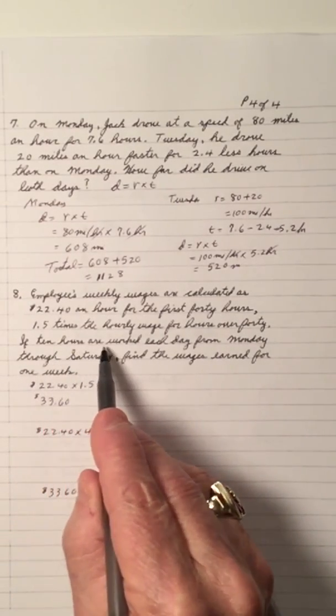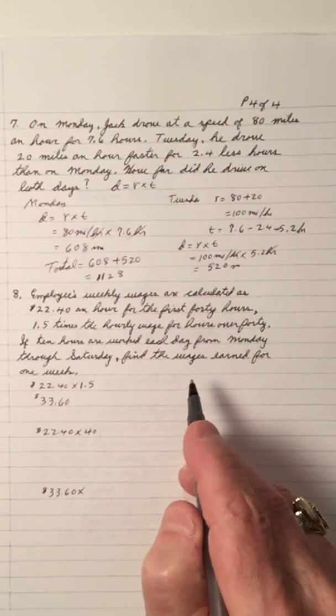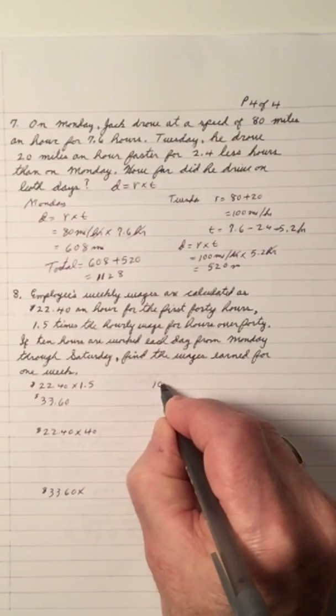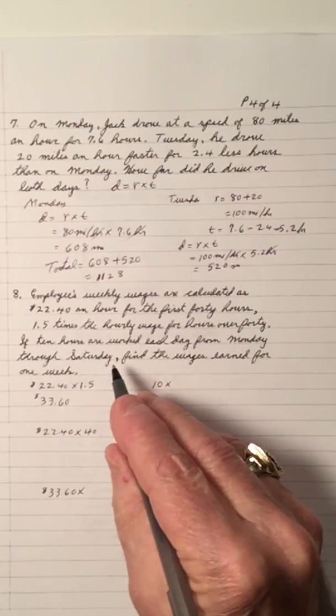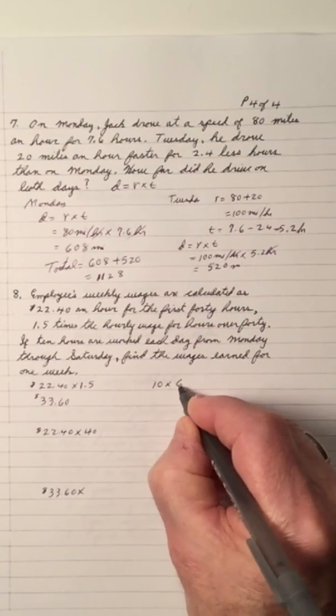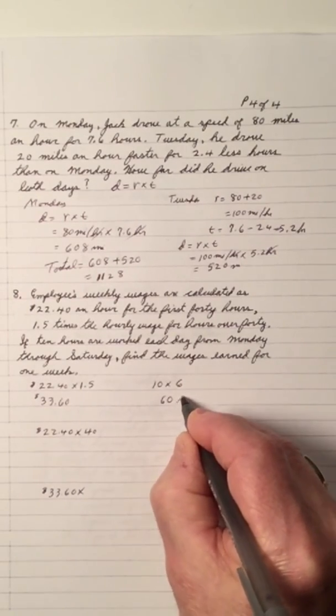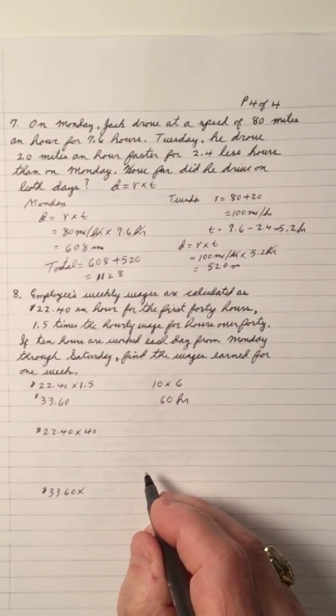If 10 hours were worked each day from Monday through Saturday, find the wages he earned. So he worked 10 hours a day from Monday to Saturday. Monday to Saturday excludes Sunday, so he worked for 6 days. So that means he worked for 60 hours for the whole week.